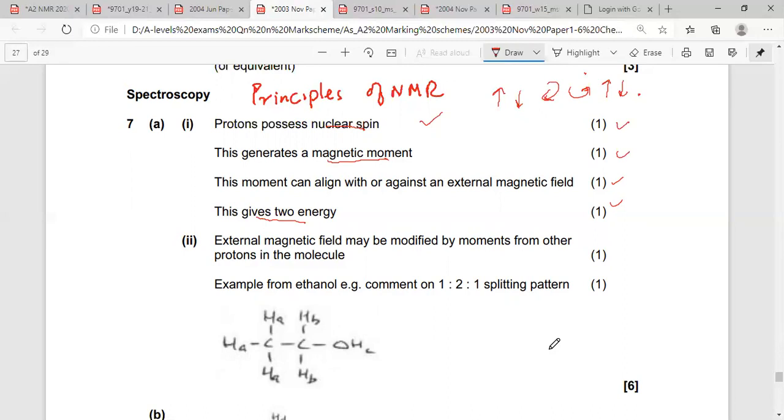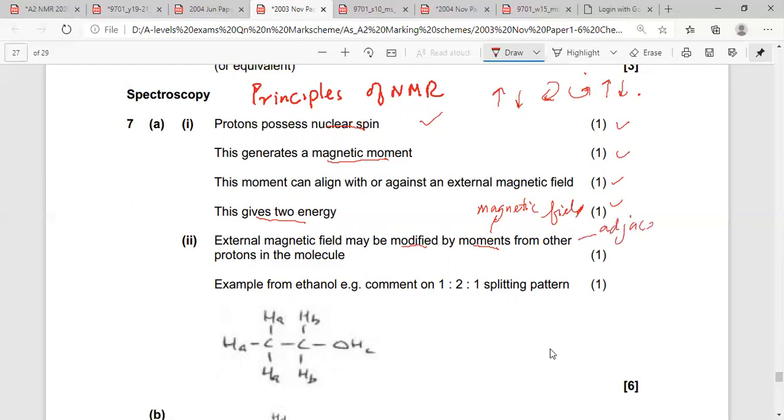And of course, you talk about splitting here. The external field can be modified, can be changed by moments. What are moments? Magnetic field from other protons, which means other adjacent protons.